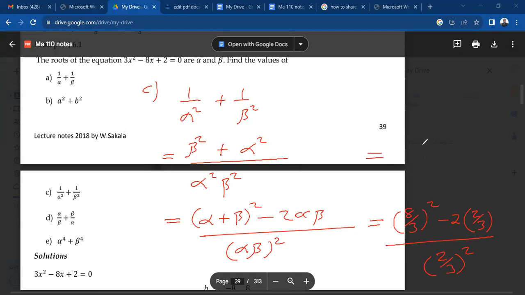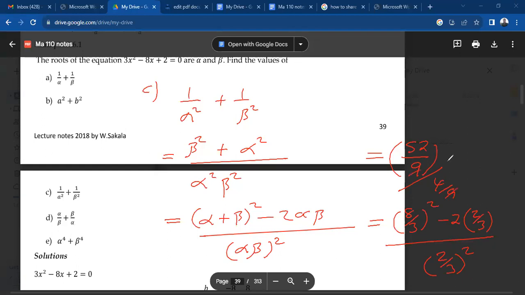So what was the answer that we got in the previous question? Raise your hand so that I can point you to give us the answer. The numerator, we don't waste time. That was 64 minus, that was 52. We found 52 over 9.